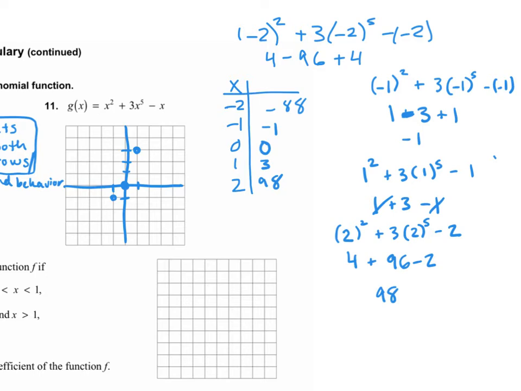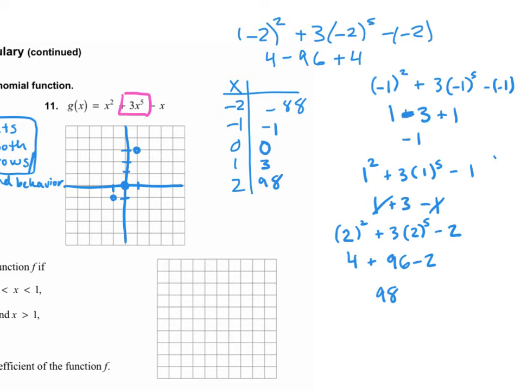So next thing we need to determine is our end behavior. So we're looking at this 3x to the 5th power. What does that tell us about our end behavior here? What's our degree? Is it even or odd? Odd.